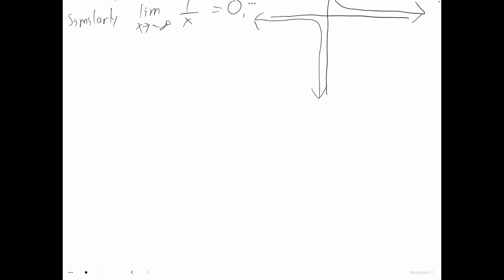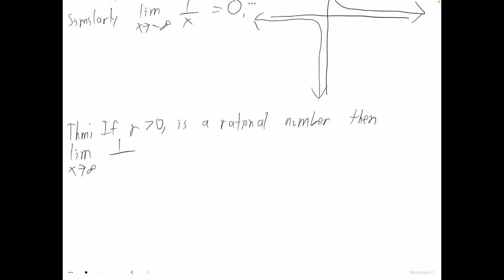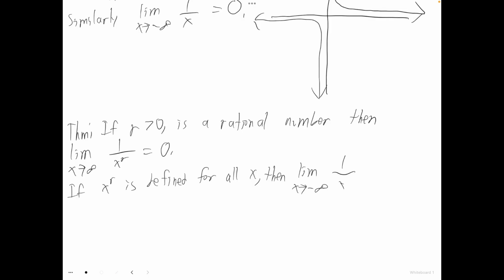And so the fact that we're going to actually use is if r is greater than 0 is a rational number, then the limit as x goes to infinity of 1 over x to the r equals 0. And if x to the r is defined for all x, then the limit as x goes to negative infinity of 1 over x to the r equals 0.